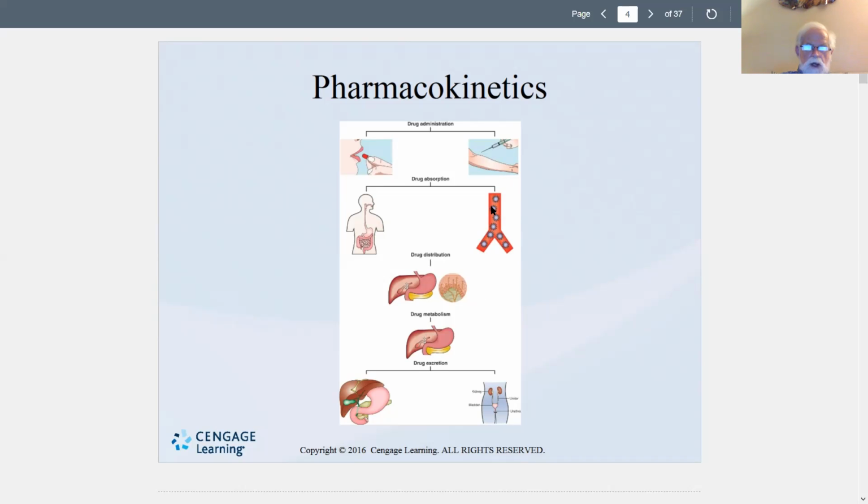When the drug is injected, it ultimately will get to the liver, but most of it's just not metabolized out as quickly as oral drugs. And then it's excreted either through the colon or the kidney.